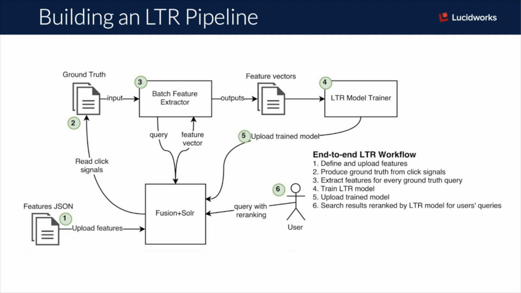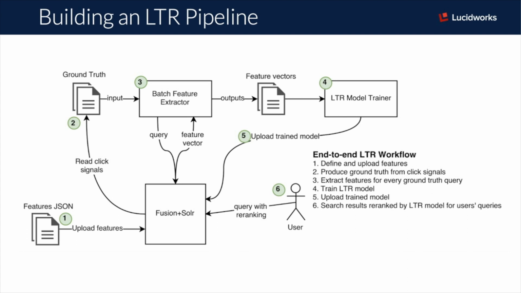Number 1, we upload a set of features via Solr's JSON REST API. Next, using Fusion Signals, we produce a ground truth ordering of our results. And once we have that, we can use a Spark job to extract feature vectors for each query.